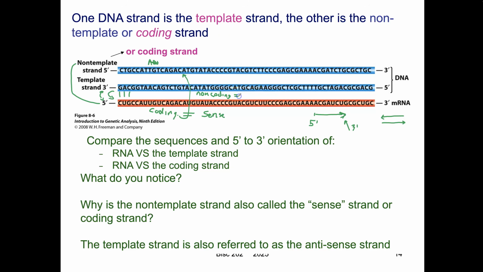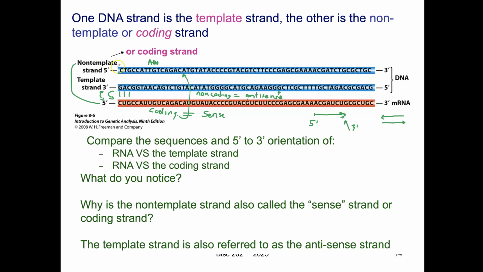And it's also sometimes referred to as the antisense strand. Now, we tend to use the term antisense when we're talking about RNA for different kinds of molecular applications and procedures, but you may sometimes hear even the DNA referred to as the antisense strand, because it's the reverse complement of the sense strand.